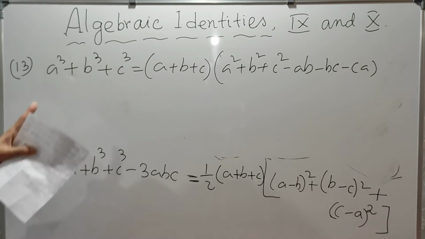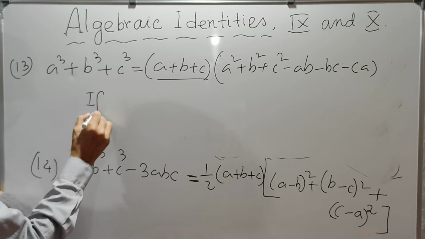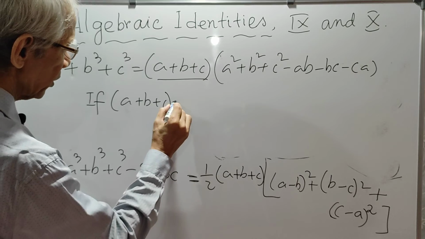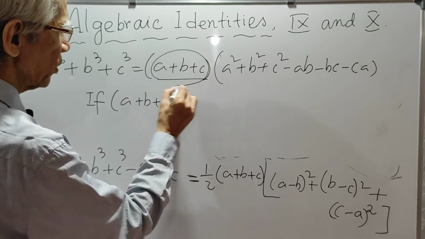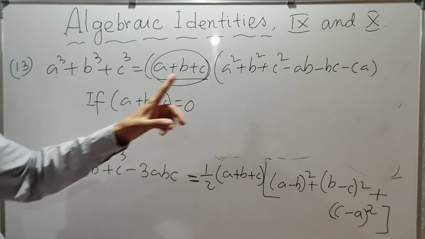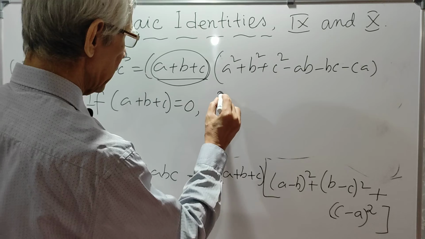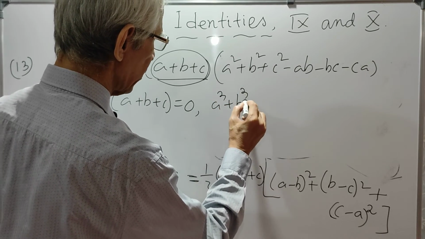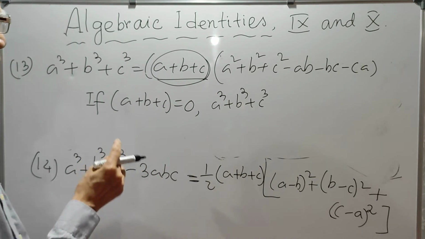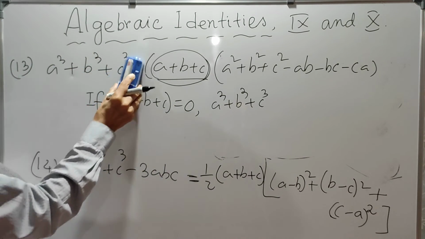All right. Now in this identity, suppose a plus b plus c is equal to 0, then 0 into this will become 0, isn't it? So what was the 13th identity?